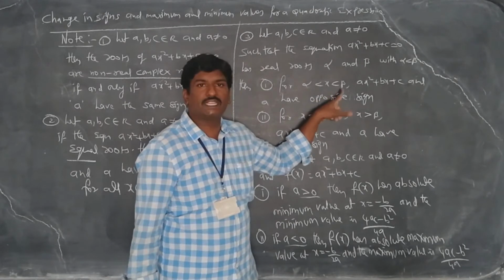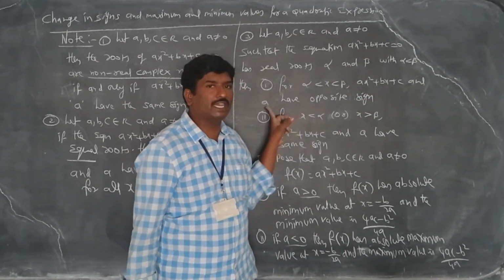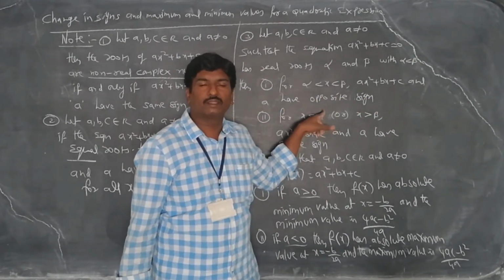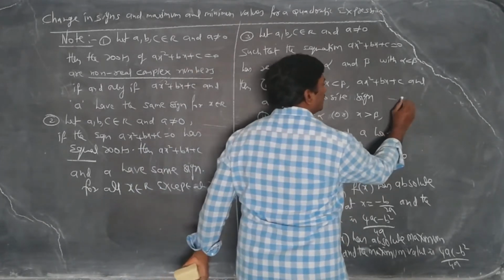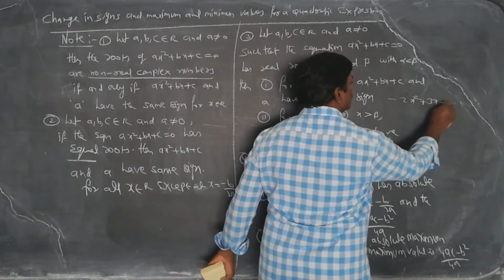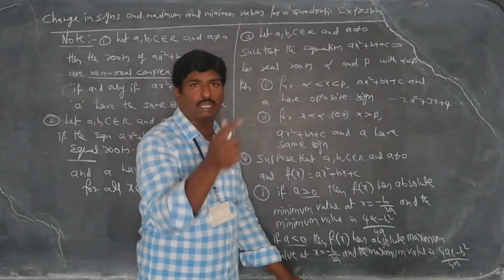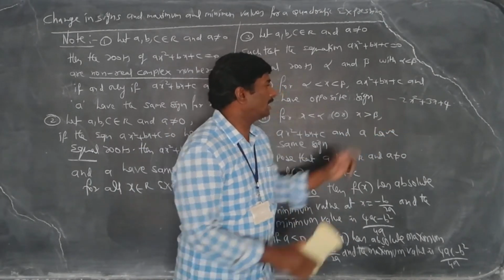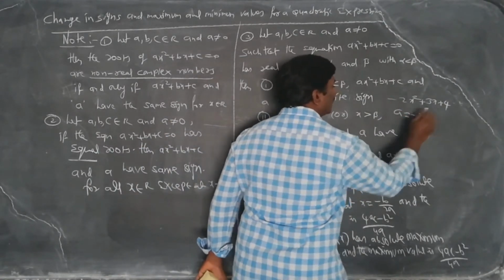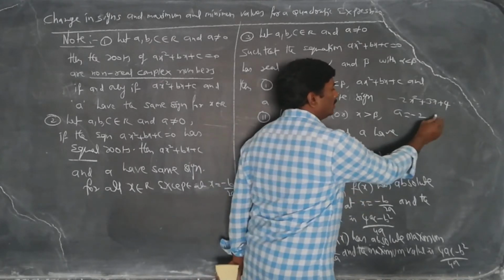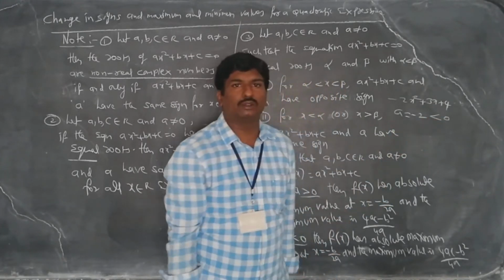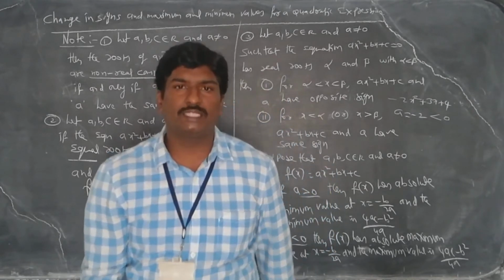When alpha is less than x less than beta, the expression and a have opposite sign. So I am taking an example: minus 2x square plus 3x plus 4. One more time explaining: here the x square coefficient is a. Here a is equal to minus 2, which is clearly less than 0, a negative value.